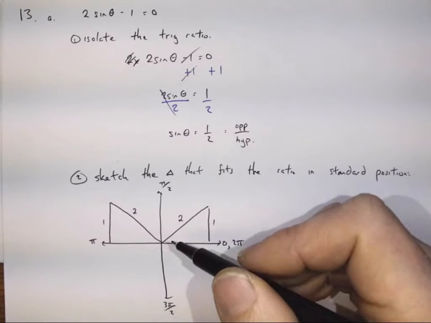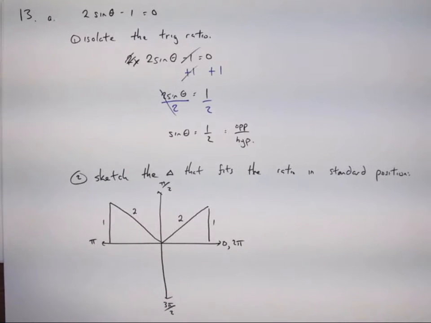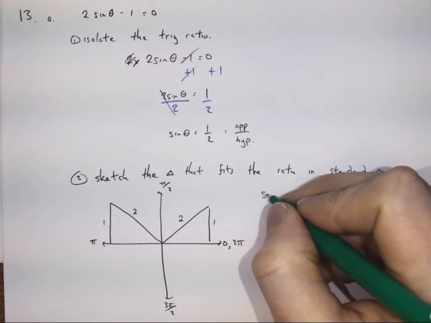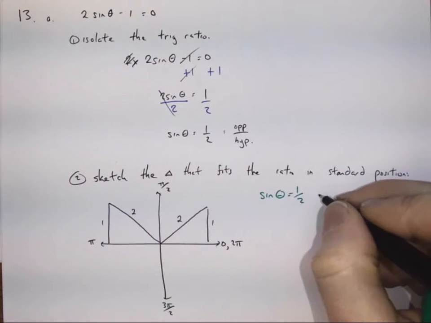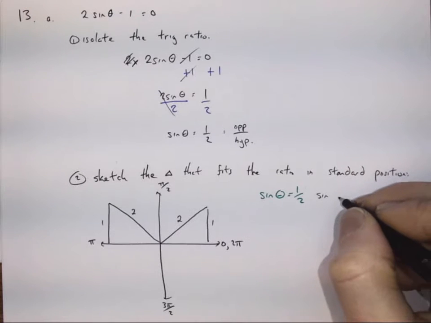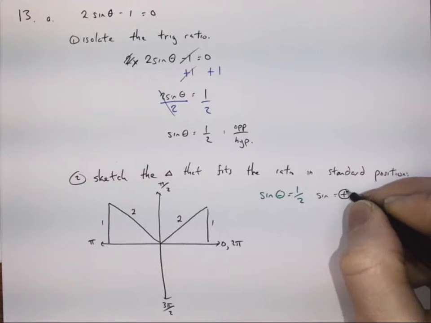Now, we had some memory devices for remembering which quadrants we could draw particular trig ratios in. So we know that this sine theta equals 1/2. That means that the sine value, the sine ratio, is positive.